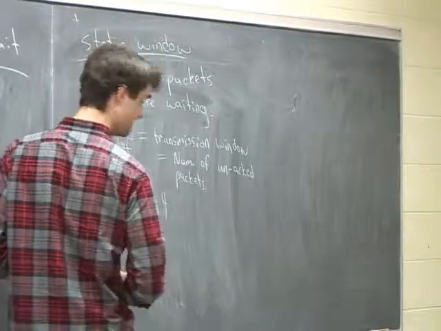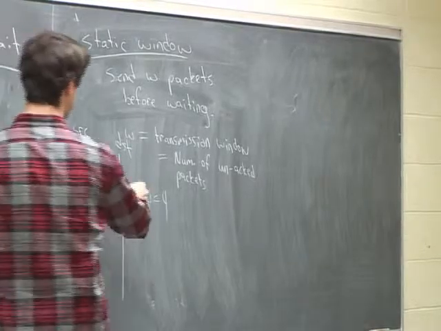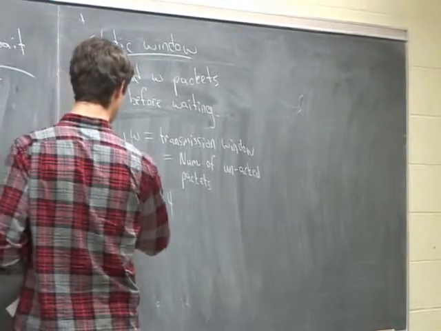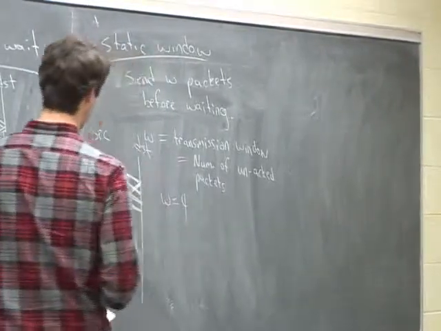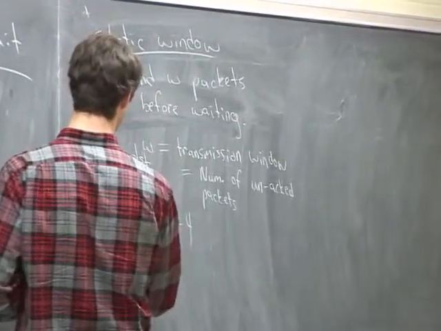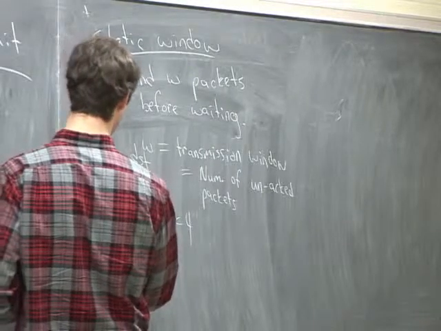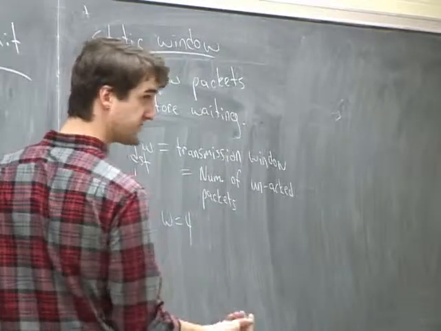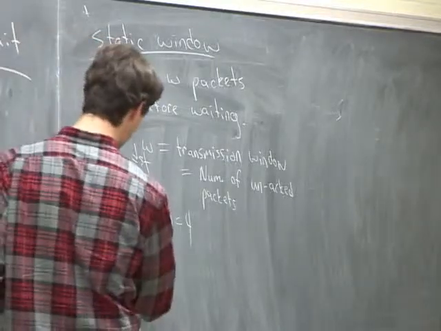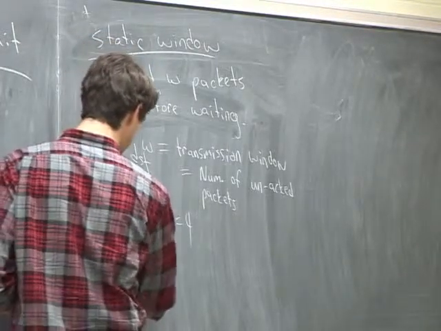And then once it receives this acknowledgement, it keeps track of how many unacked packets it has. So now it has 4 unacked packets. That's its window size. That's the most it can have. As soon as it receives this ACK, then it can send another packet.